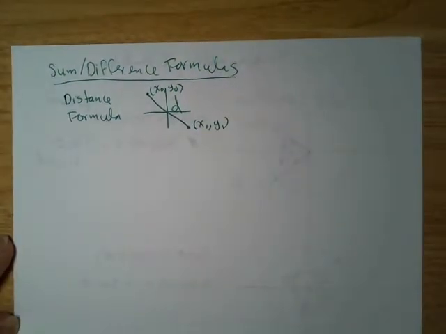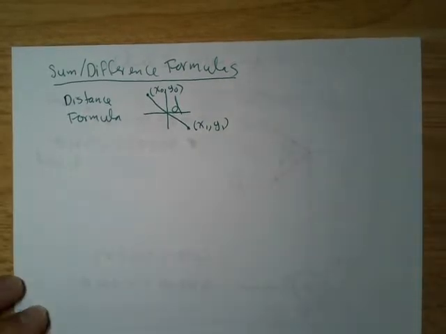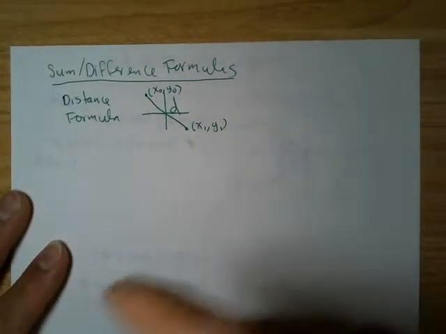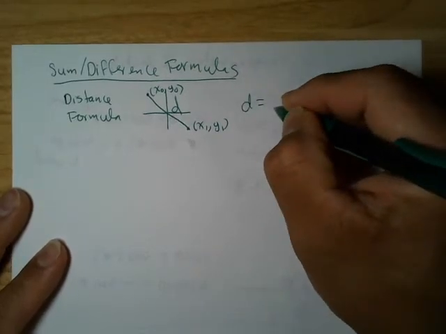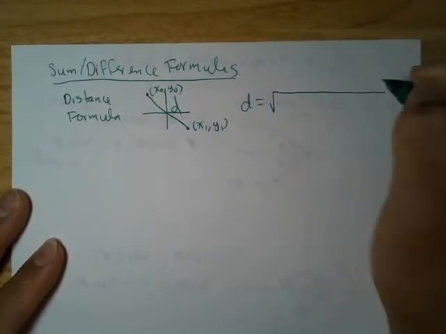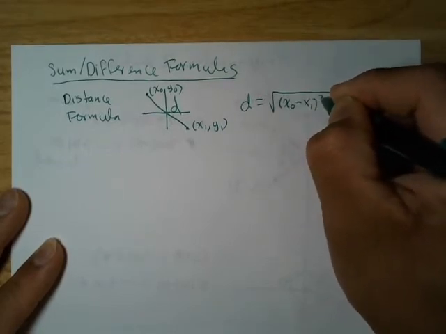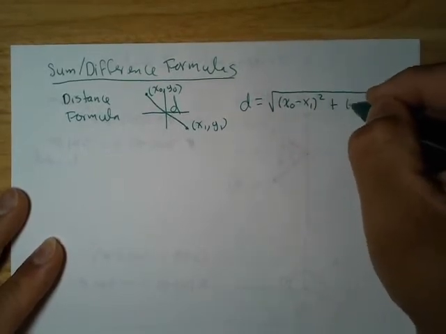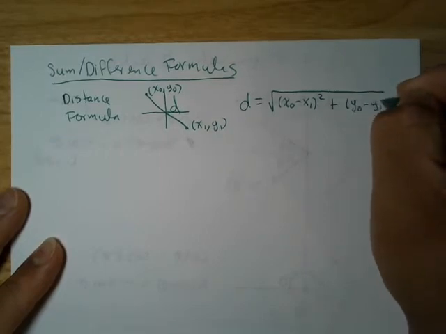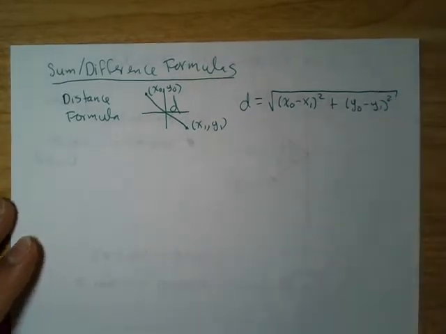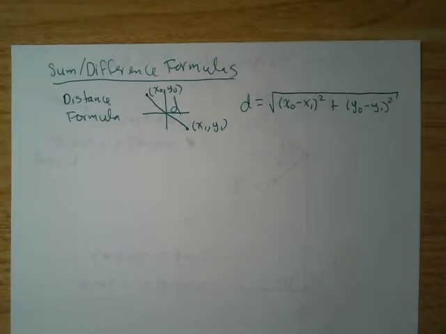That's where the distance formula comes into play. The distance formula derives from the Pythagorean formula, but we don't need to go through the whole process of that for this course. The distance formula is the difference in the x-coordinates squared plus the difference in the y-coordinates squared, and you take the square root of the sum of the squares of the differences.